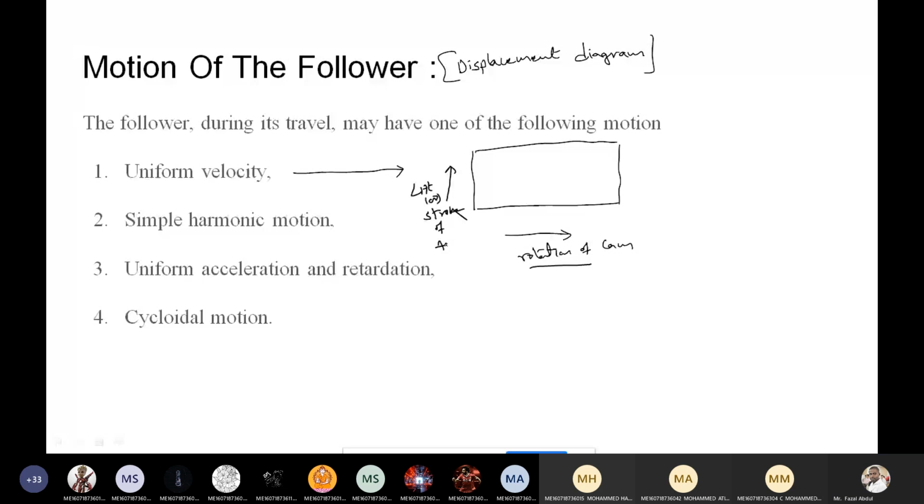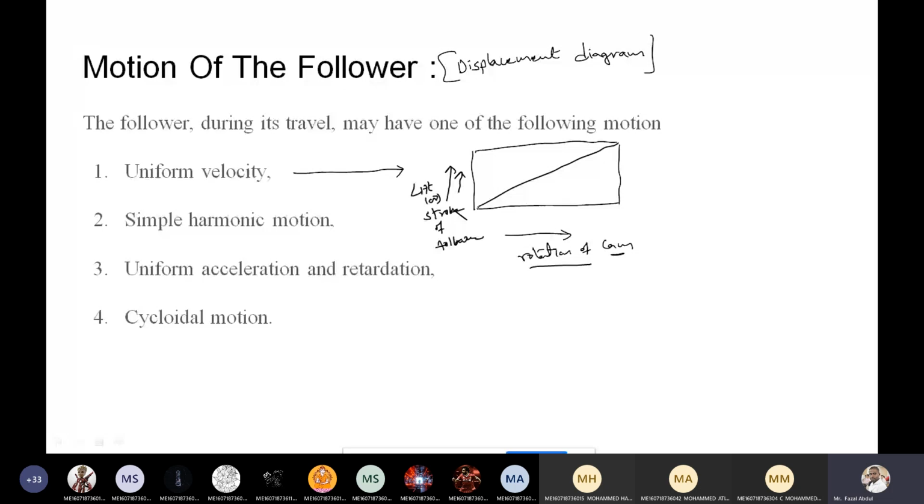So these four types are the motions carried by the follower. For the uniform velocity, the displacement diagram will appear in this manner, because as the displacement of the cam takes place, in the same manner the displacement of the follower also takes place.